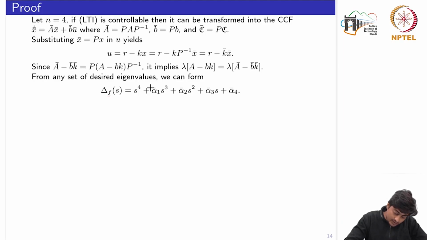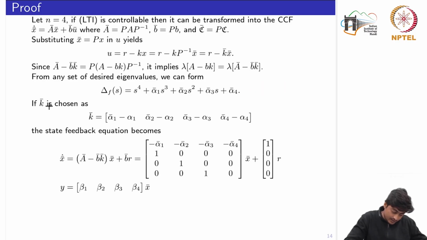Using those eigenvalues we can compute this characteristic polynomial, which is nothing but the determinant of sI minus that matrix. Since A is 4-dimensional, the degree of this polynomial is 4, with some coefficients alpha 1 bar to alpha 4 bar. So we also have the information of all these coefficients from the given set of desired eigenvalues.